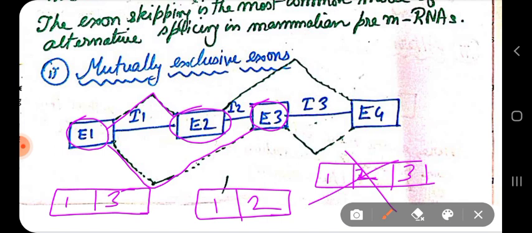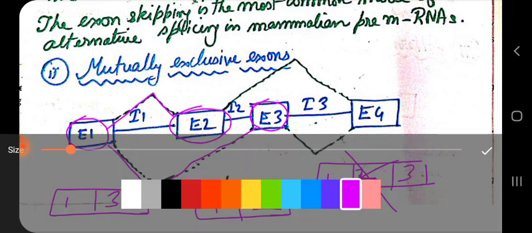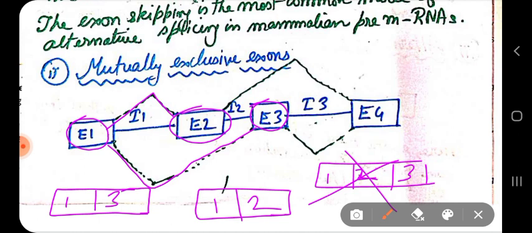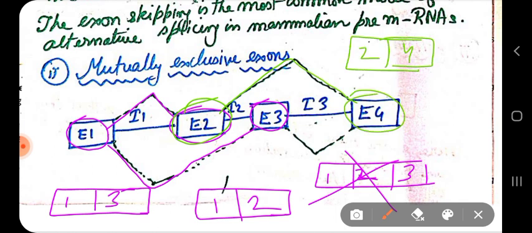That's why it is called mutually exclusive. Similarly, exon number 2 can be retained with exon number 4 to make exon number 2 and 4, or exon number 2 can be retained with exon number 1.